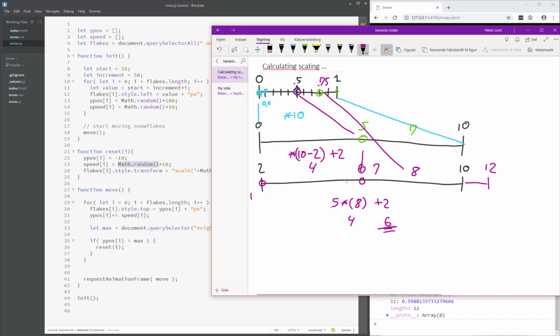Yes. And 1 multiplied by 8, that would be 8 plus 2, that would be 10.